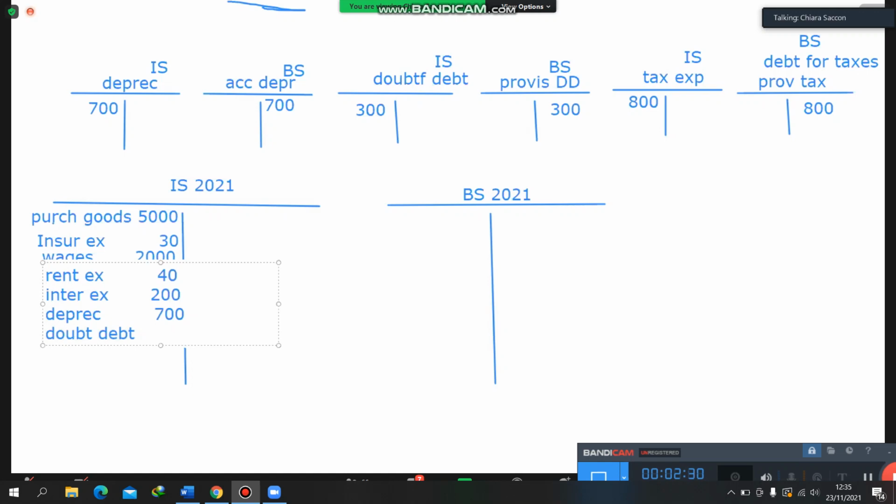Doubtful debt, 300. Then tax expenses, 800. Okay, and no more expenses, okay?